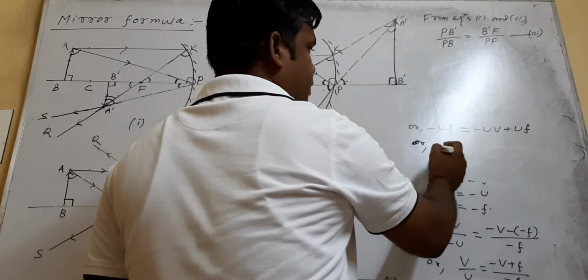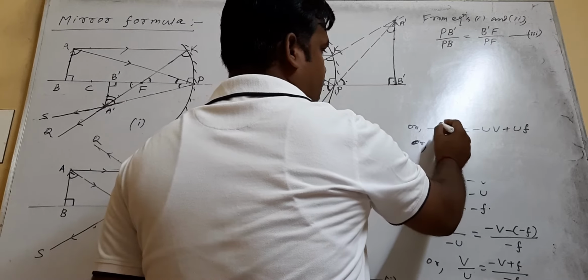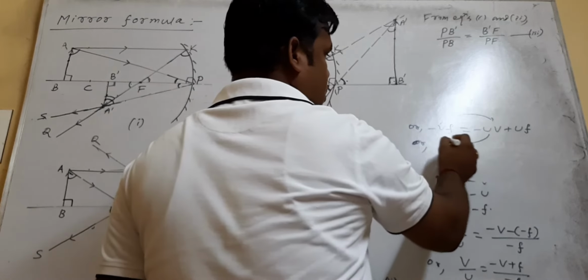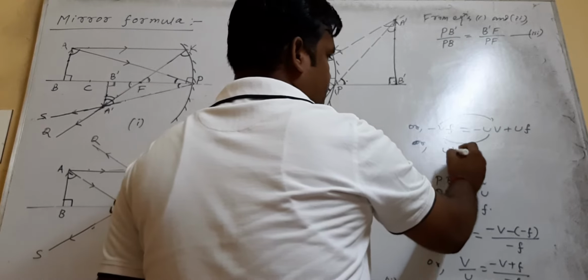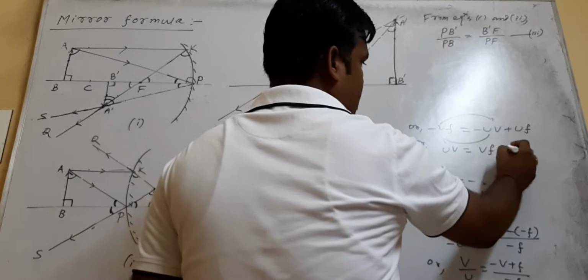So now you take these two on the RHS and these two on the LHS. It is UV, it is VF plus UF.